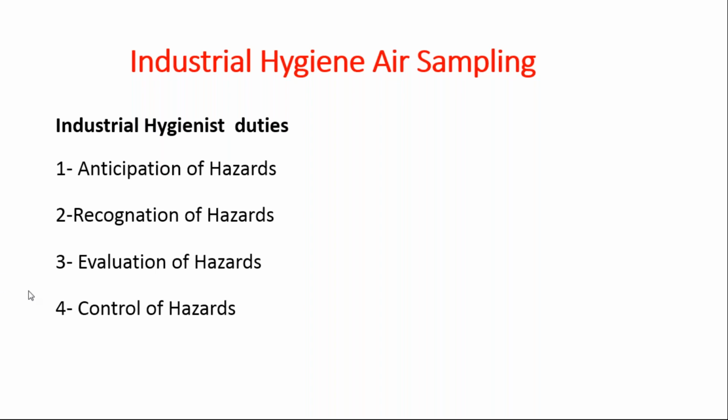And the fourth task that the industrial hygienist should perform is control of the hazard. He will prepare a plan on how these hazards should be controlled.